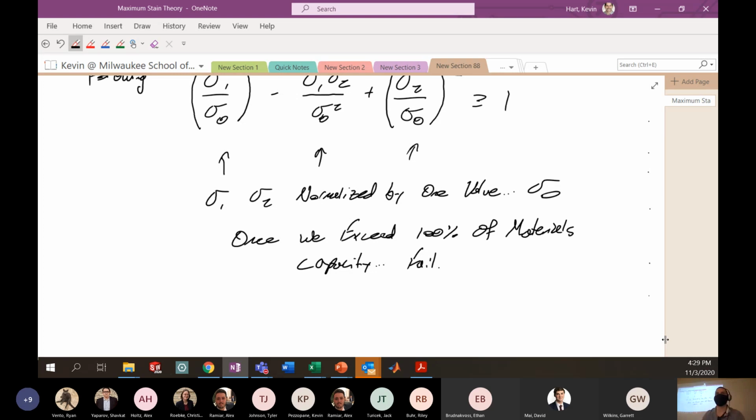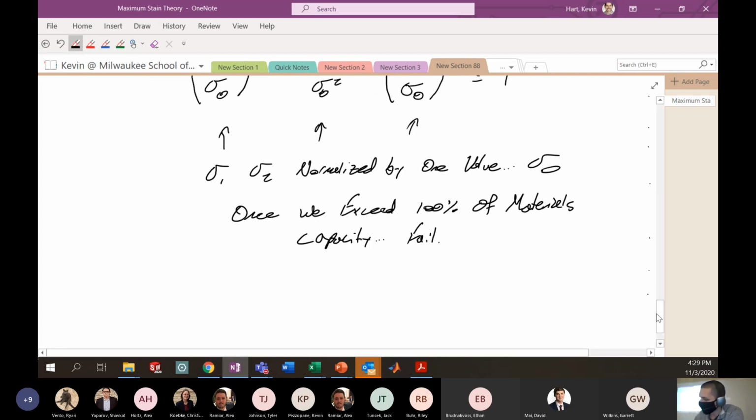Whatever load you add, normalize that by the load which would cause failure in that direction. And once the individual contributions of all the bits exceed 100% of the capacity of the piece, you fail. So similar idea in Tsai-Hill.